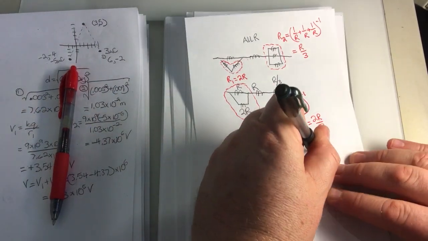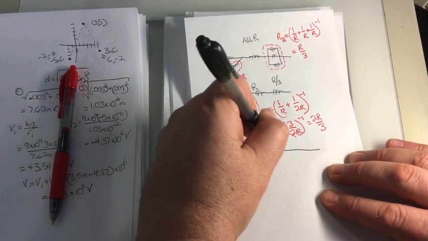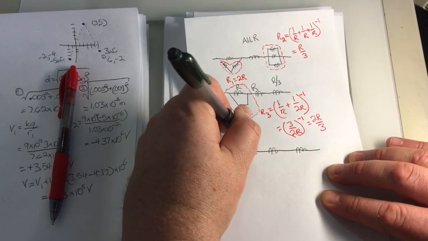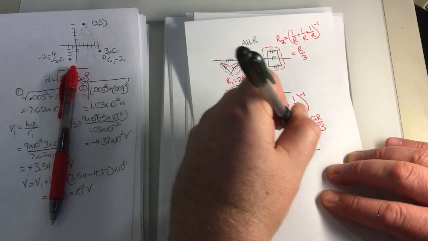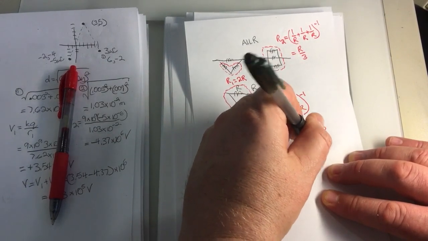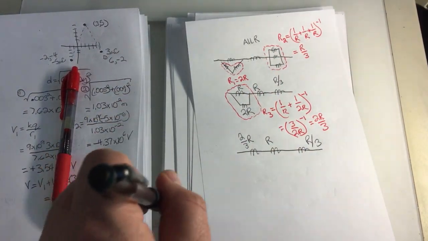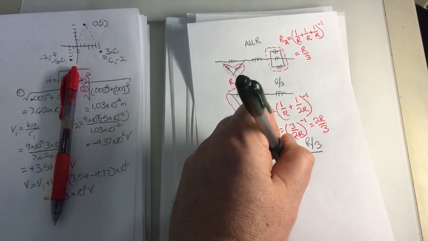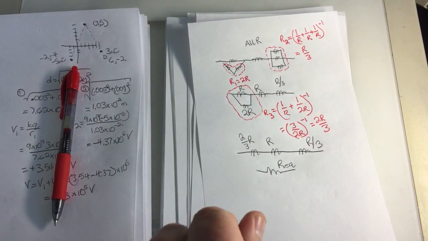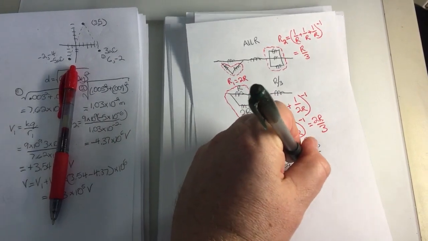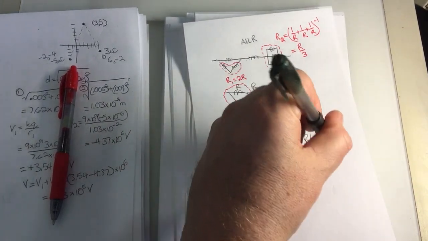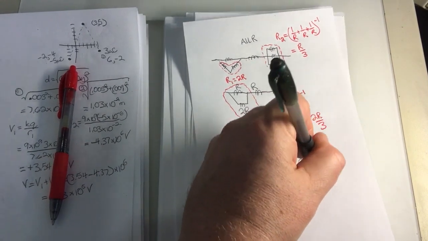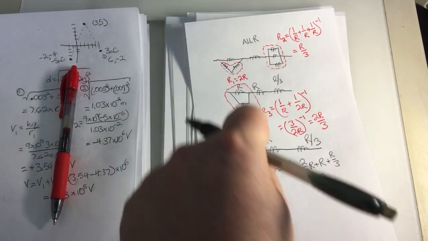Now I get this 2/3 R plus R over 3, which makes the equivalent resistance 2R.